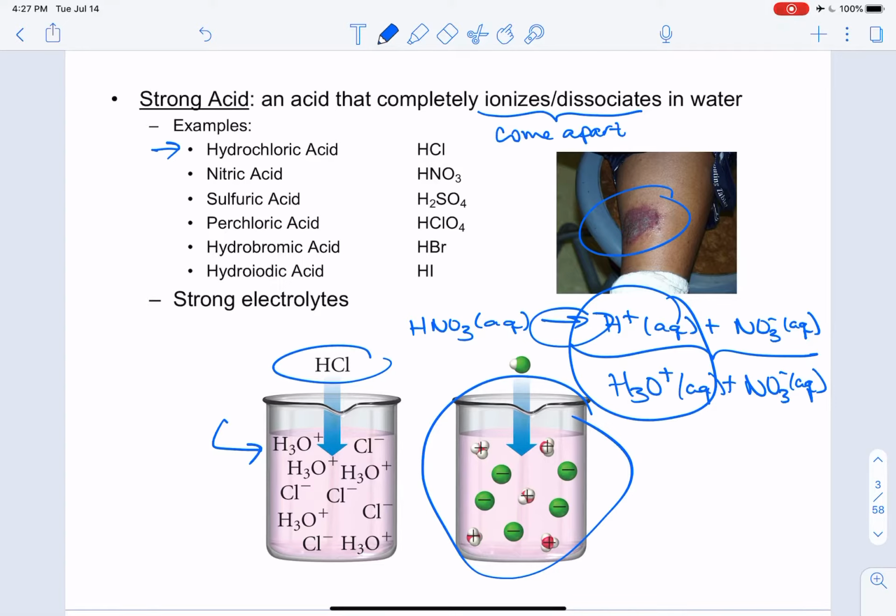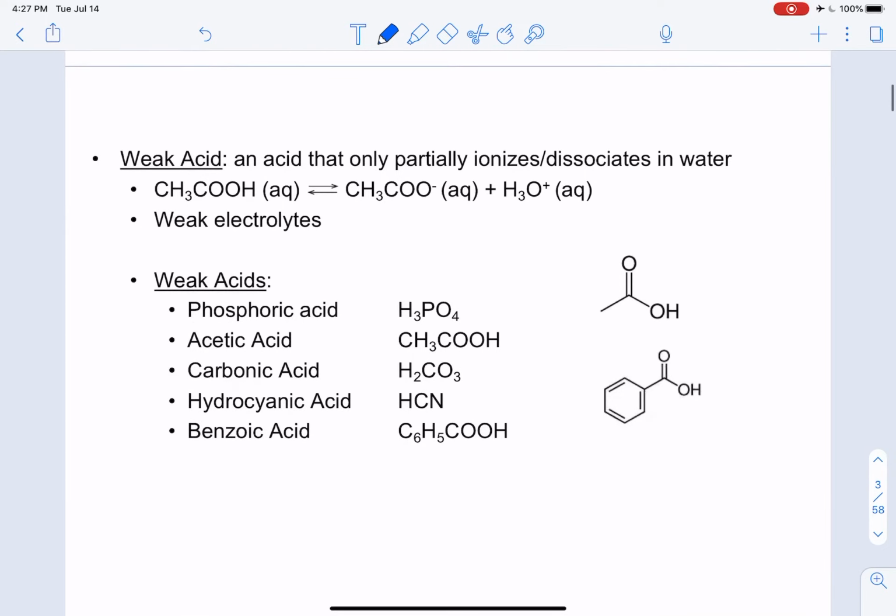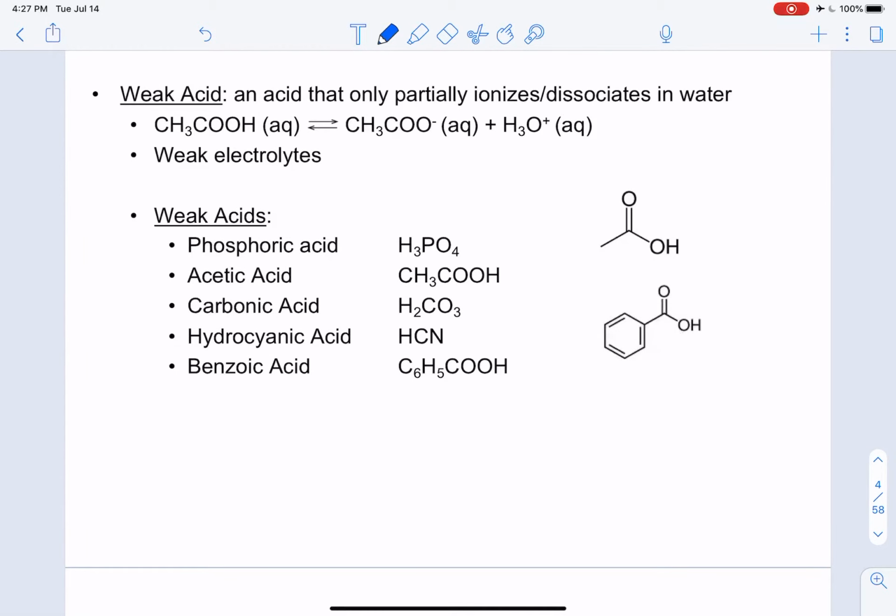So if you remember, that's what happens. Strong acids will behave as strong electrolytes. Now, weak acids. Weak acids are acids that only partially come apart when you put them in water. So they only partially ionize or only partially dissociate.